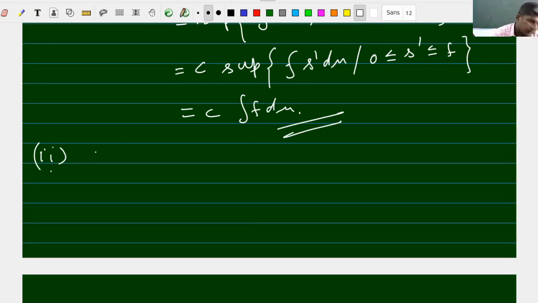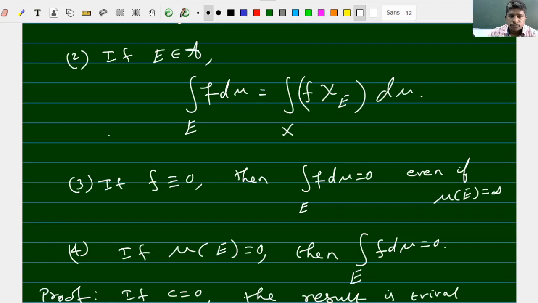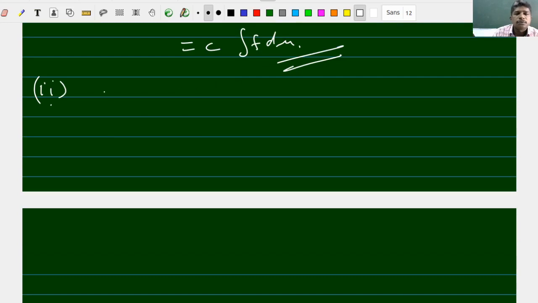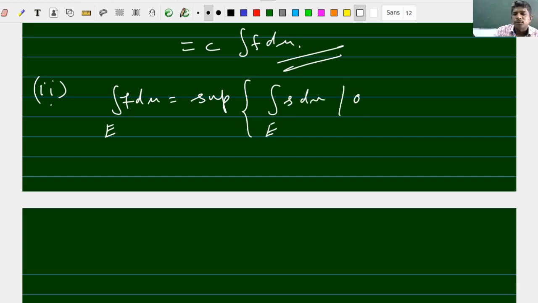Now prove the second result. That's very simple. By definition, the integral over E of f d mu is the supremum of the integral over E of s d mu, where 0 ≤ s ≤ f. Now define s dash equal to s times the characteristic function of E. It's a simple function.